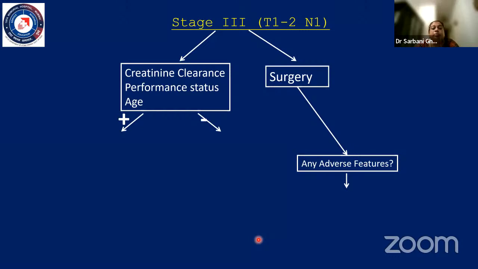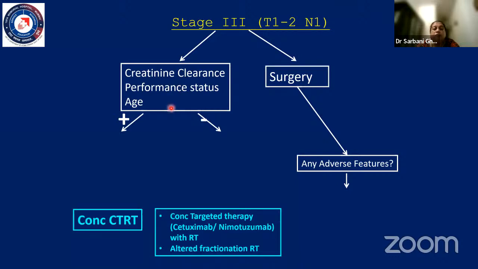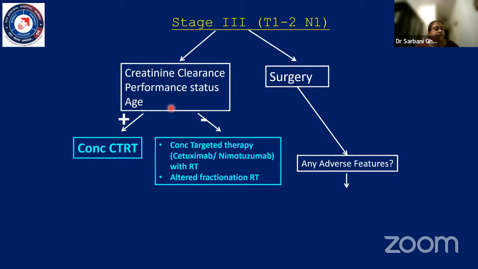It would depend upon the status of the patient. So here we would really assess what the patient should be considered for, depending upon the functional status of the patient, the performance status, and the age. If all this is intact, we can consider conservative, what you call organ preservation protocols. But if it is not intact, then you would have to consider concurrent targeted therapy with radiotherapy, or altered fractionation radiotherapy.